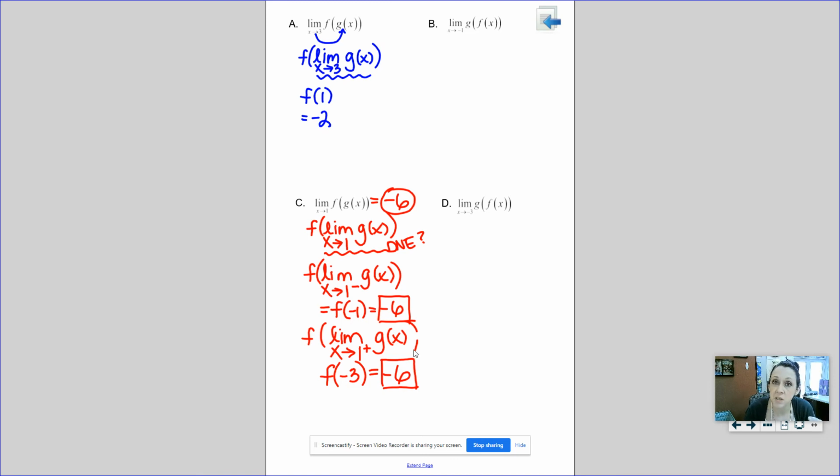The only reason that happens is because this is a composite function where you're doing more than just taking the limit, you're adding that in as an extra step of evaluating the other function at that point. So you can get an answer even if you have D and E in the initial step. You just have to break it down to finding the limit from the left and from the right, evaluating that in the other function, and seeing if you get the same result.